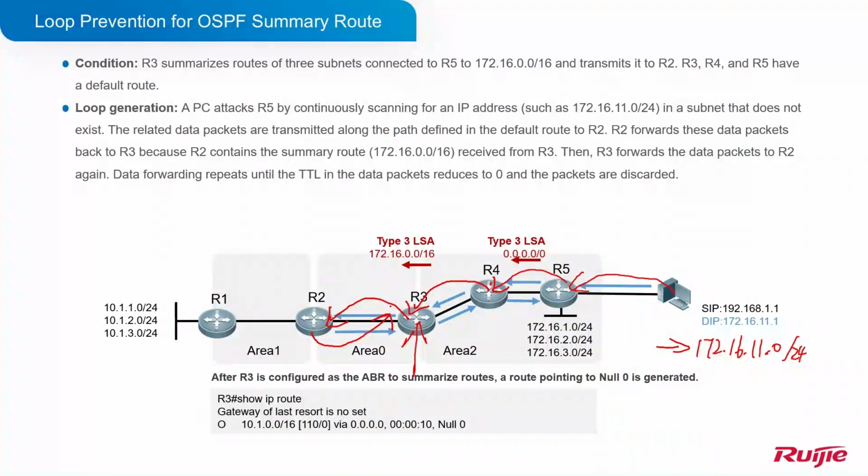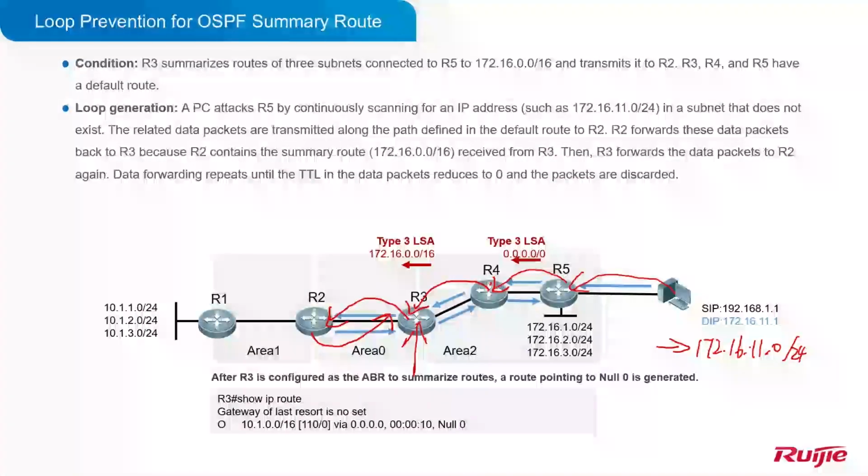And R3 actually has to transfer this packet to R2. So now the loop happens, right? As we know, the destination IP is 172.16.11.0.